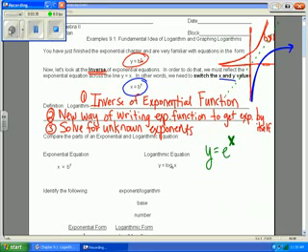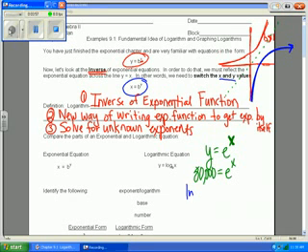I'm just totally making that rate up. But if our question was, when will 80,000 people have the swine flu? Then you would plug in 80,000 here. Throughout this chapter, we will learn how to solve this.